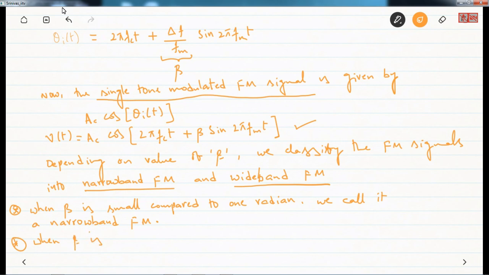When beta is large compared to 1 radian, we call it wideband FM. Okay, so that is the importance of the parameter beta.